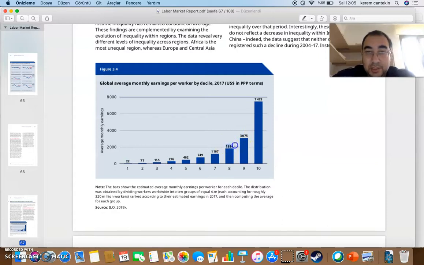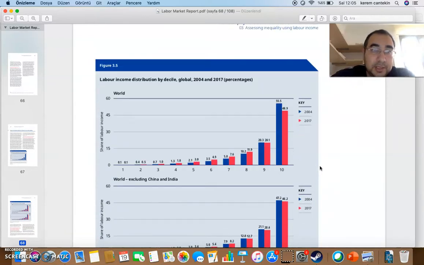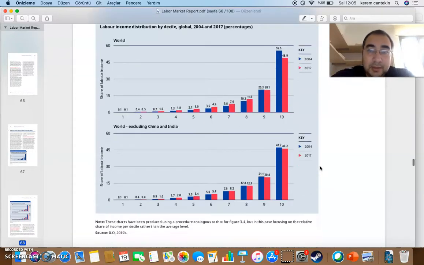The 8th decile is earning something like 10,000, actually more than 10,000. Basically 14,000 Turkish lira, and that's equivalent of $18,000 per month. And you can see the shares here also.